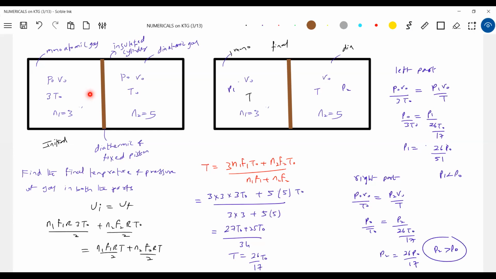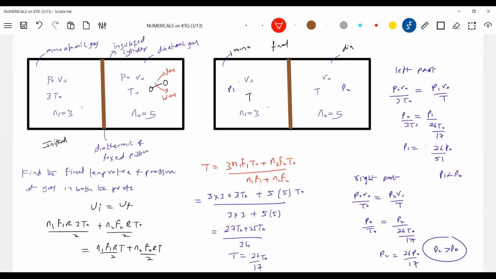What will happen to the RMS speed of molecules? It decreases, no? Look at the temperature, T less than T naught. Here, in the diatomic gas molecule, it will have root mean square angular velocity also, and it will have RMS speed.